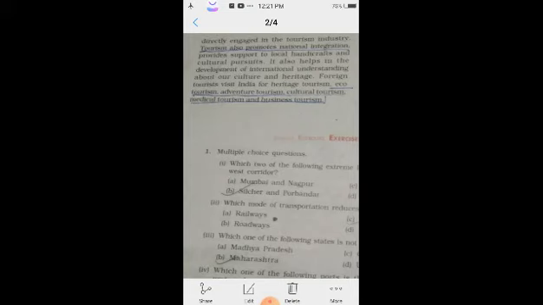Tourism also promotes national integration, provides support to local handicrafts and cultural pursuits. It also helps in the development of international understanding about our culture and heritage.